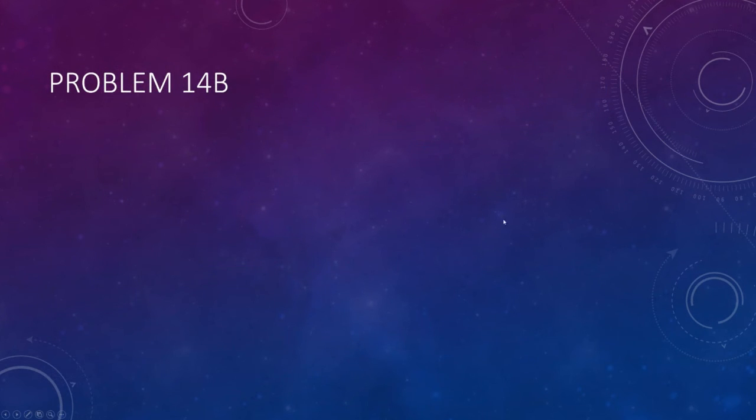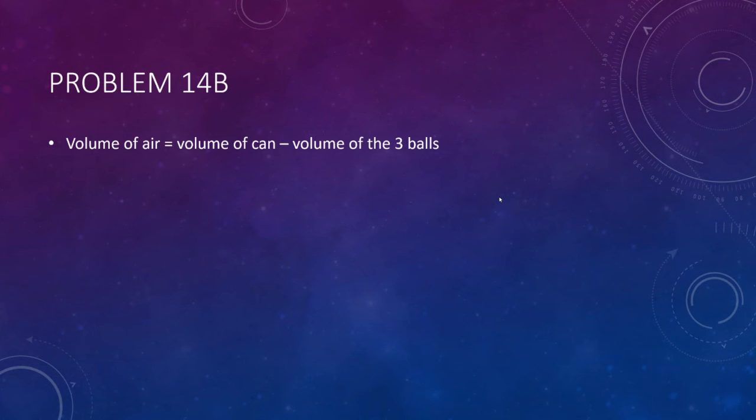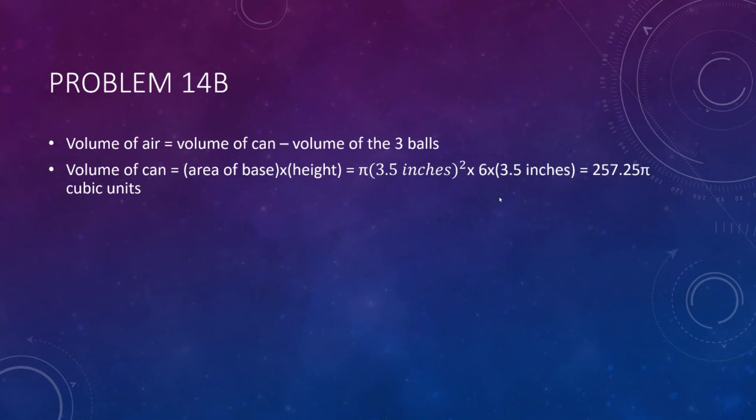Next, we're going to take a look at part B. To figure out the volume of air, we'll take the volume of the can minus the volume of the 3 balls. To get the volume of the can, because that's a cylinder, we take the area of the base times the height, and the base is a circle, so its area is pi r squared, so we have pi times 3.5 inches squared.